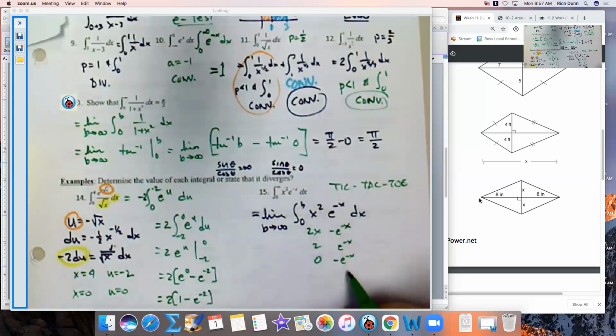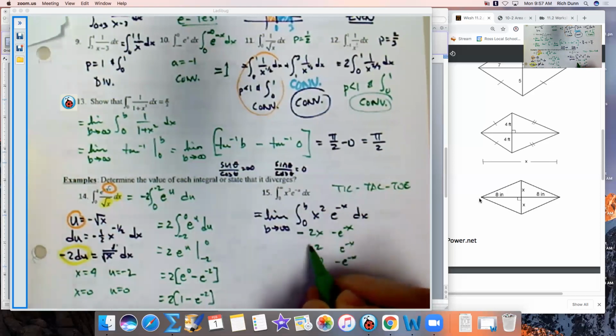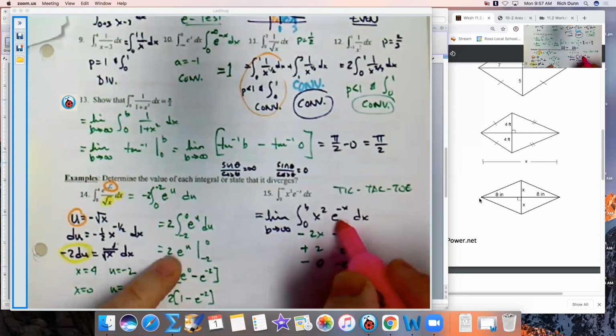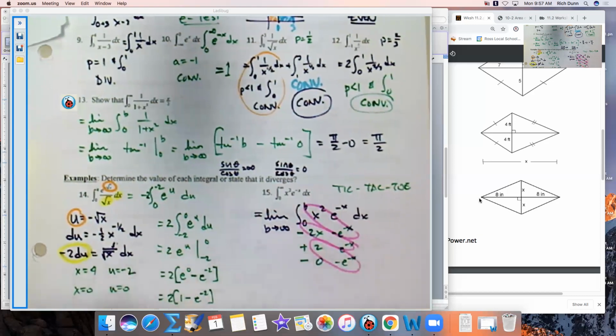These are the antiderivatives, these are the derivatives. And then don't forget, we're going negative, positive, negative. Then the tic-tac-toe, here's these guys, and these guys. We'll have three terms in this.